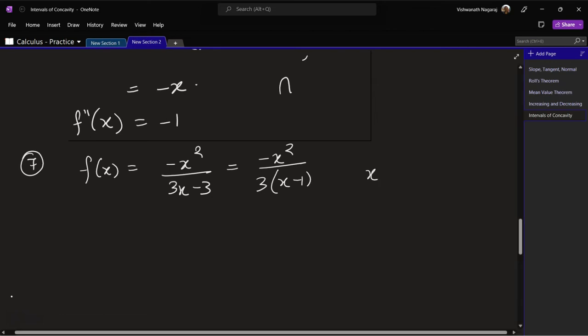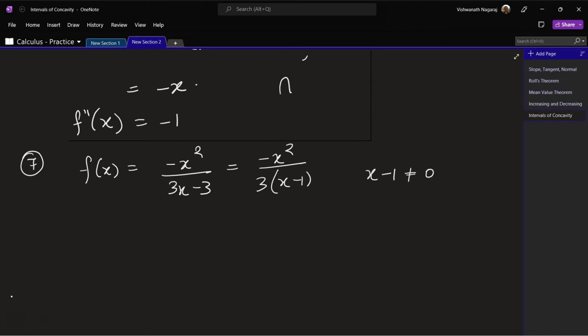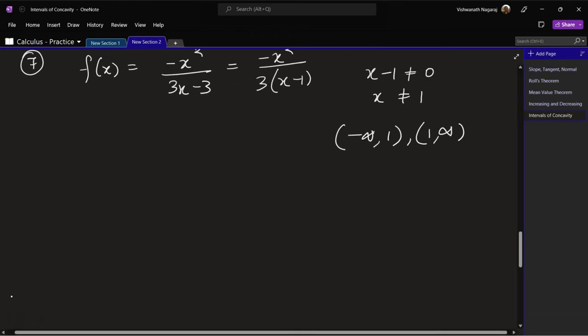The denominator can't be 0, so x minus 1 cannot be equal to 0, which means x cannot be equal to 1. So the interval is minus infinity to 1 and 1 to infinity. And using the second derivative, let's see whether there are any other intervals.